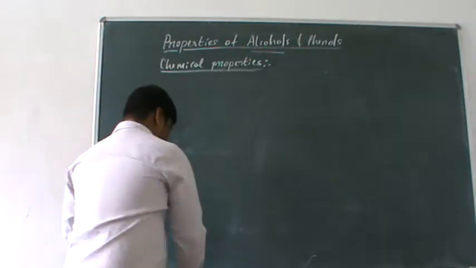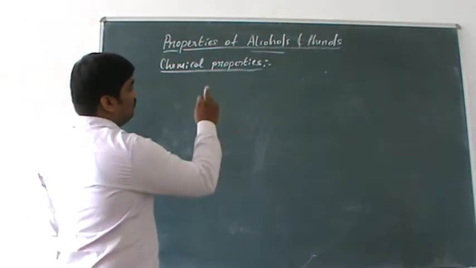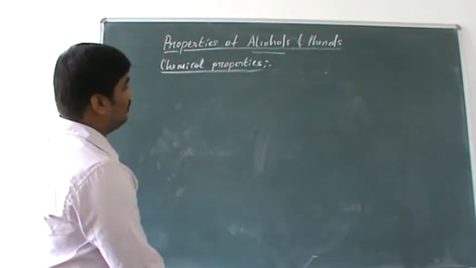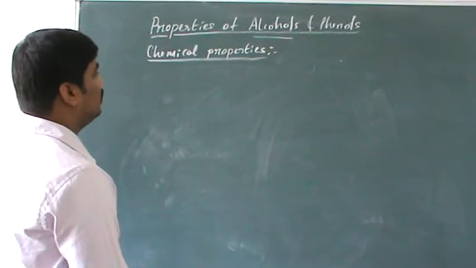The last part of this session is the chemical properties of phenol. We will consider a few chemical properties, and the other chemical properties will be discussed in the next video.